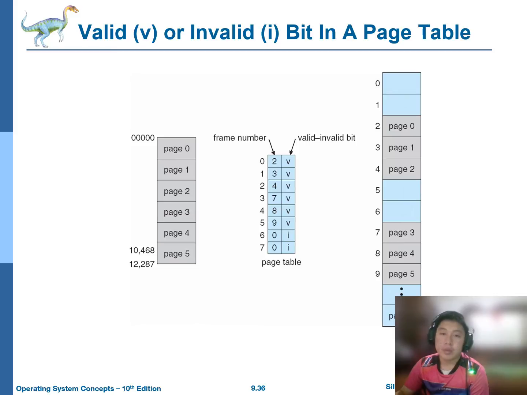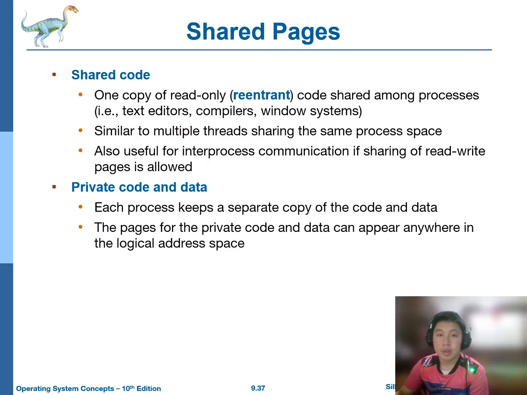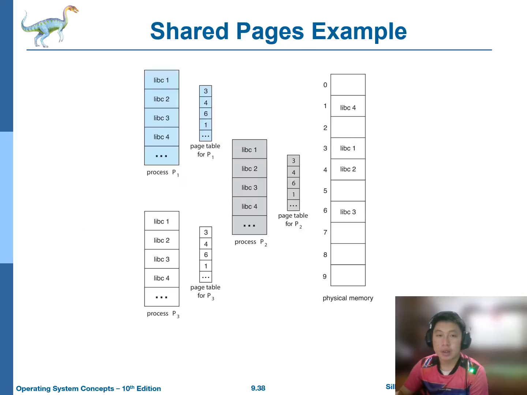Shared pages: shared code. One copy of read-only reentrant code is shared among processes. Similar to multiple threads sharing the same process space; also useful for interprocess communication if sharing of read-write pages is allowed. Private code and data: each process keeps a separate copy of the code and data.